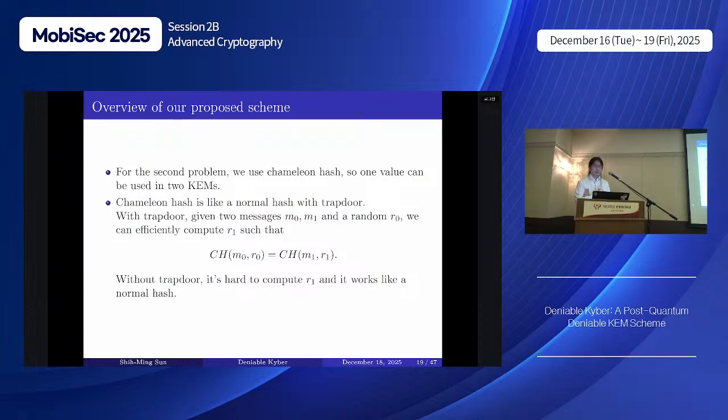If you applied the Chinese remainder theorem and also the chameleon hash, could you do a very similar concept for a deniable signature? Does it make sense? So I have no knowledge about the other schemes. Okay, maybe we can talk later.